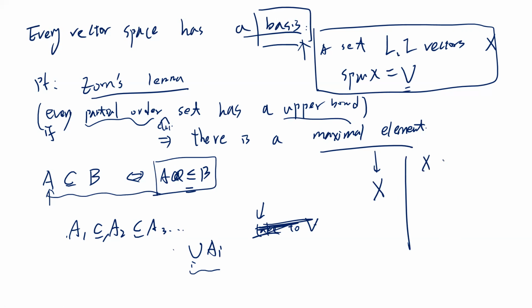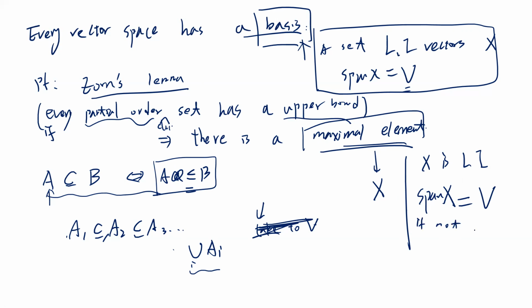So X is already linearly independent, and I can compute the span of X. Then I claim this maximal element's span X will be V. The reason is that if not, then by the lemma, I can take y belonging to V but not in the span of X, and I put it in. It's still linearly independent, which violates X being maximal.